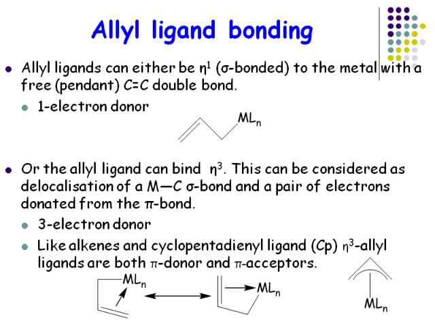And so you can draw a perfectly reasonable equivalent resonance form that looks like this, where this end is a sigma bond and this end here is an interaction of the pi electrons with the metal center. If these two ends are equivalent, then a better way of representing this is as an eta-3 allyl species like that.